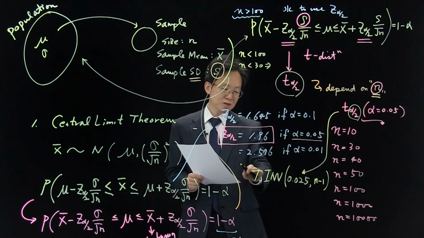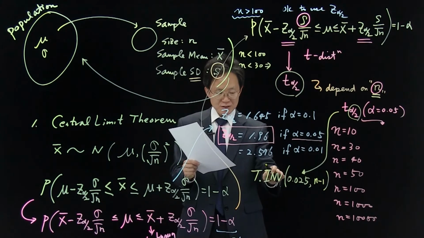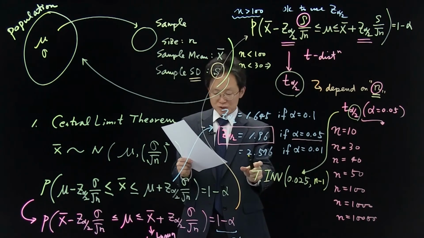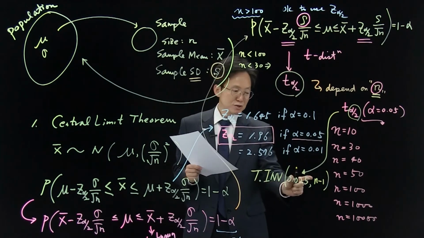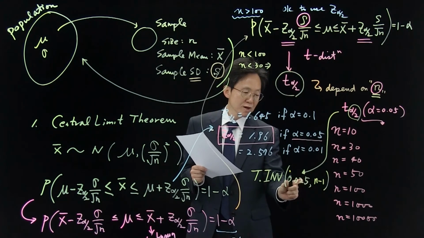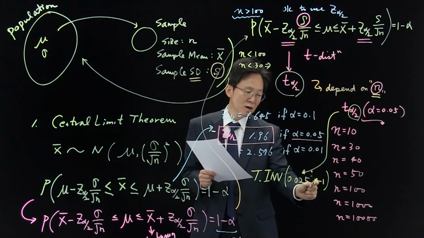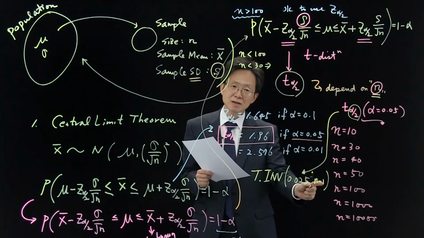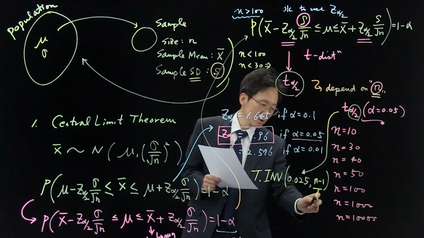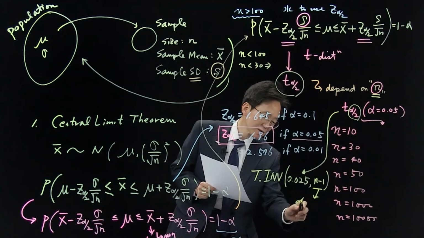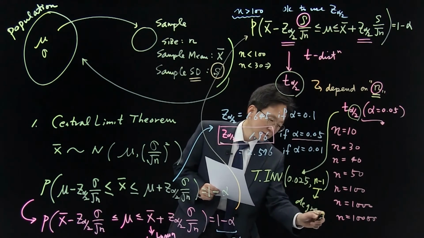So if you type T.INV, in other words, the inverse function of a T distribution, you need to put two things. One is the probability we are interested in, and then n minus 1. n is the sample size, and n minus 1, we already learned, is the degrees of freedom.